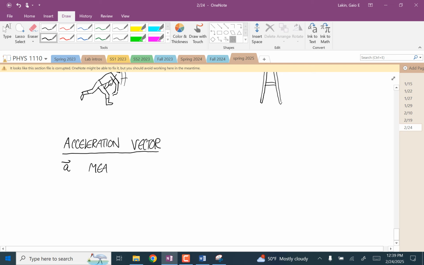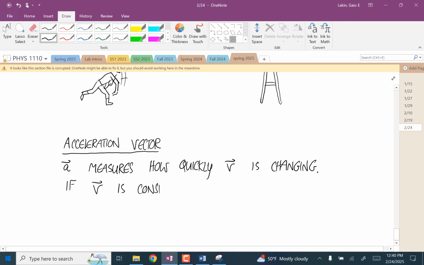So the acceleration vector measures how quickly the velocity vector is changing. And so what that means is if the velocity vector is constant, the acceleration has to be 0.